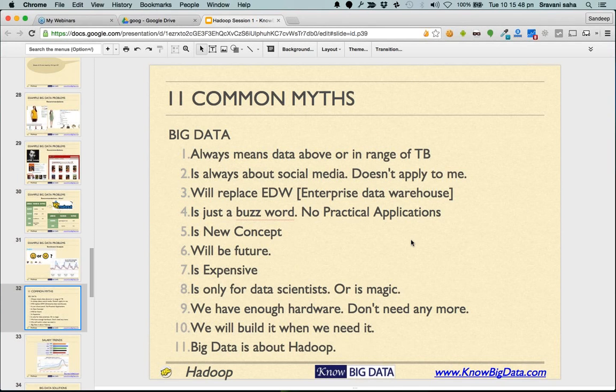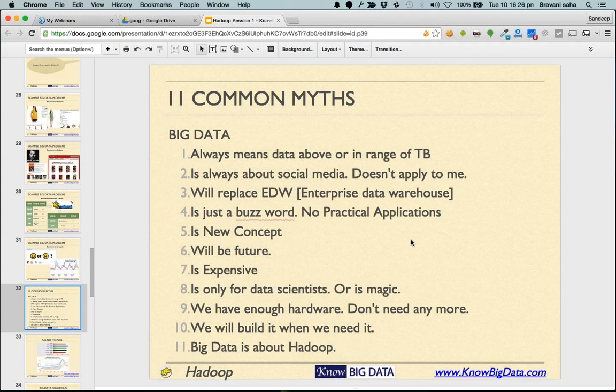There are quite a few common myths about big data. Let's clear those myths. One is that big data always means data in the range of terabytes, which is not really the case. Big data could become big data because of the other two properties as well, velocity and variety, or complexity.